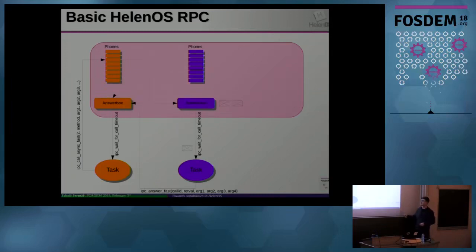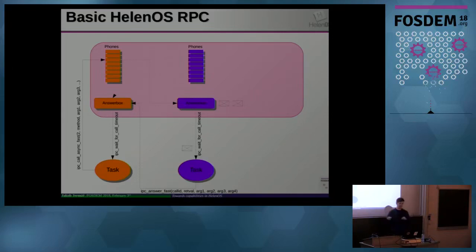So the orange task can specify the connection by a user space handle, in this case 2, and then specify some arguments of the message. So the handle identifies the phone, which identifies the answer box. Then the receiving task can use a syscall to actually wait for messages on the answer box, and receives the call, which is identified by a so-called call ID.